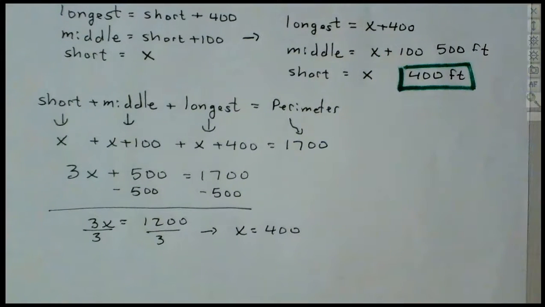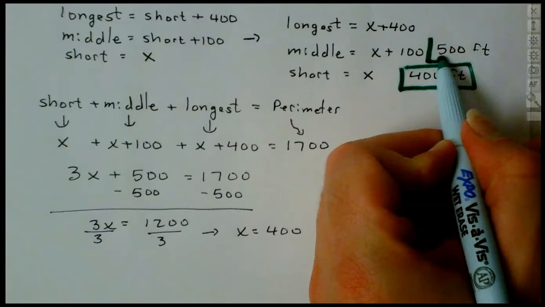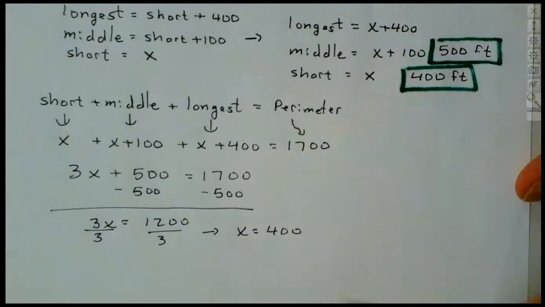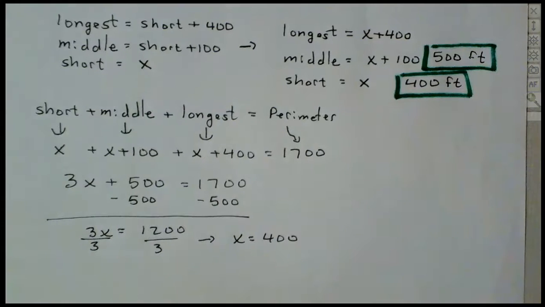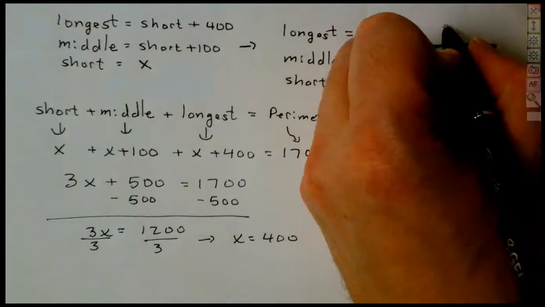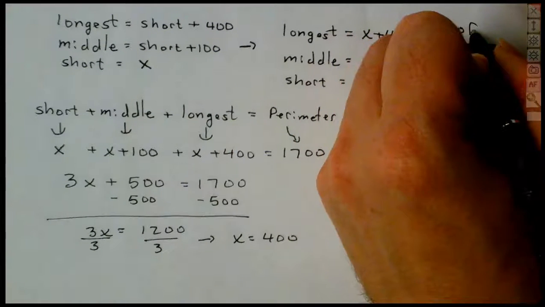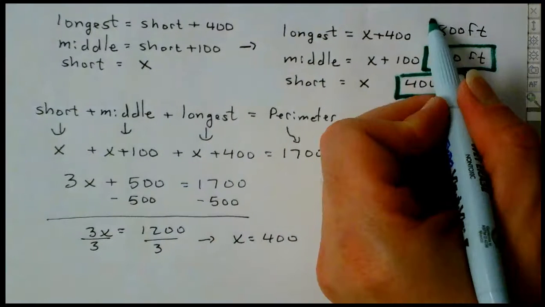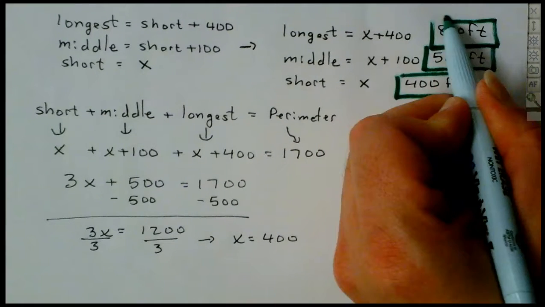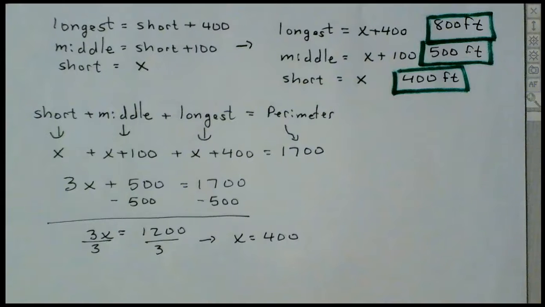That's your middle side. And the last one, what's that longest side going to be? 400 plus another 400. That makes it 800 feet. And those are your 3 answers there.